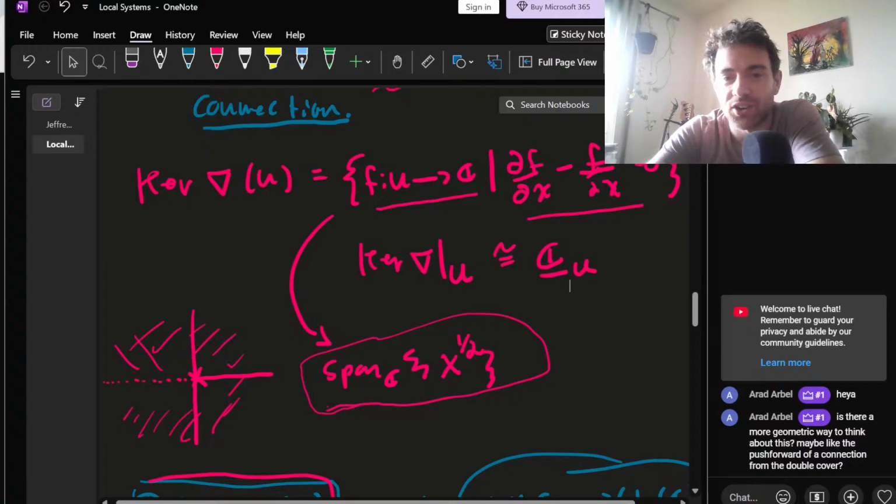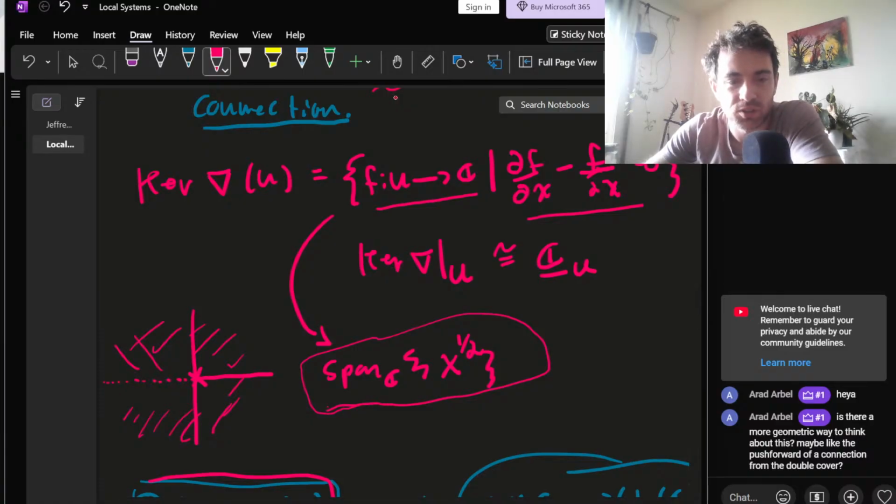So yes, there are very geometric things going on here, and I'll maybe say more about that in a second. To see that it's locally constant, we need to know that for every point there's an open set that does this. But of course, we're only missing points on the non-negative line, so literally just pick any other branch, and that's how you get it.